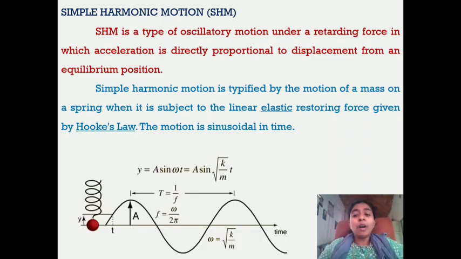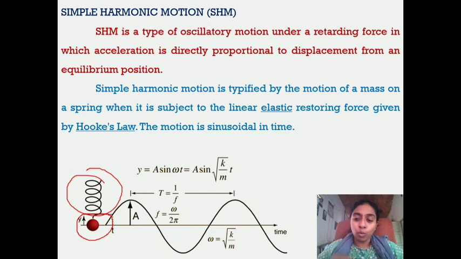Now you can see a spring mass system. This is the spring and you have a mass. When the spring is given a force or a tension, the displacement is taken as y.